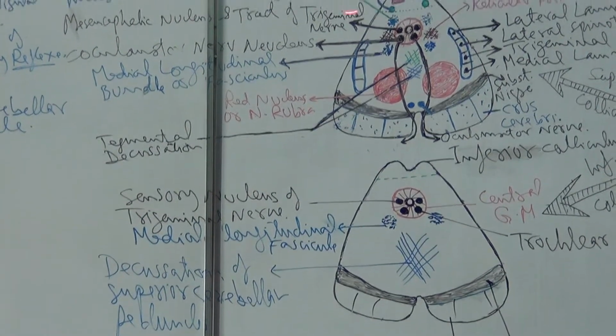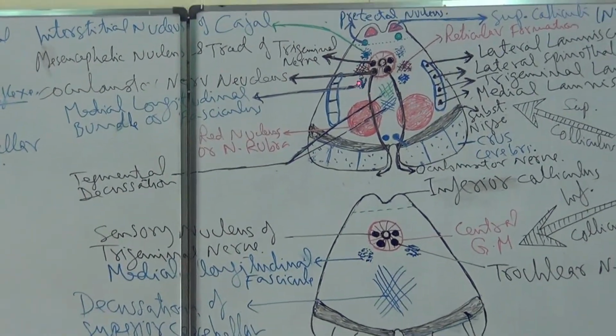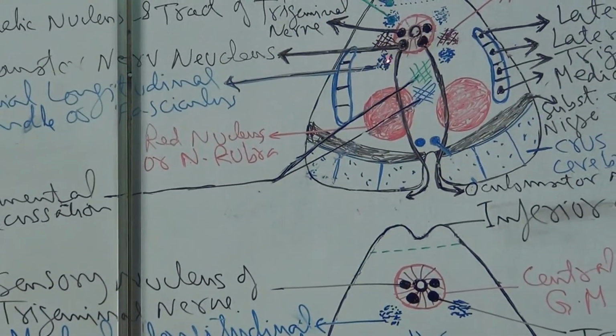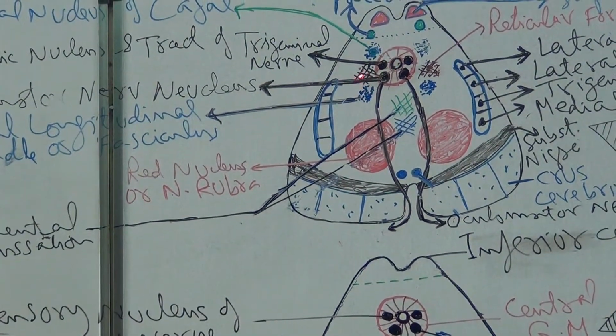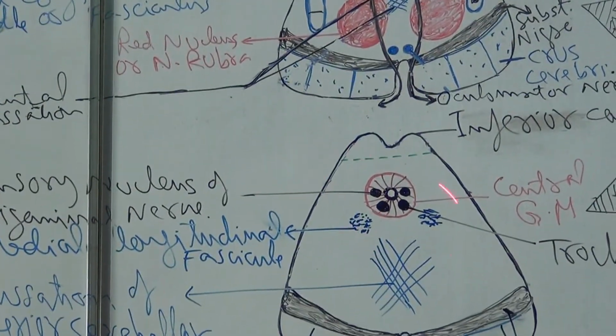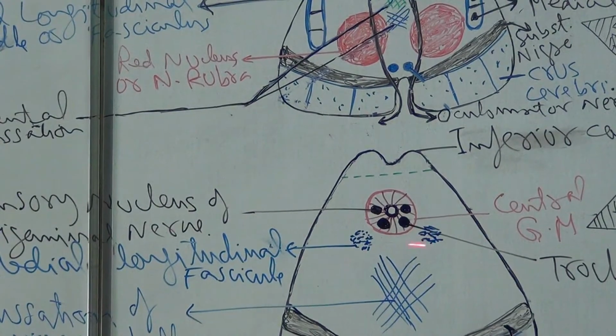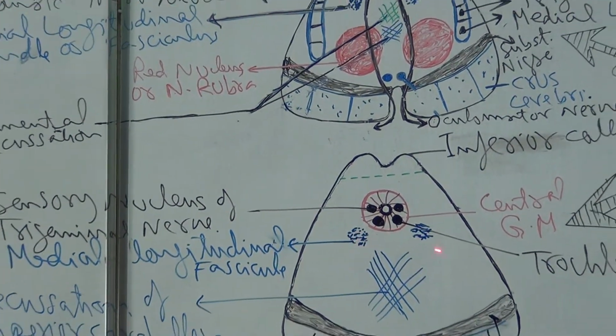Same structure here in the upper half, medial longitudinal bundle, in the tegmentum of the upper half of the midbrain. It continues downwards through the lower half of the midbrain and is cut again here. So, medial longitudinal bundle.